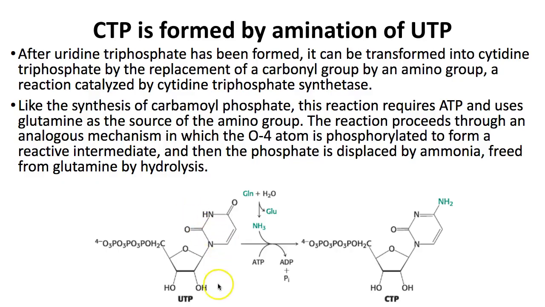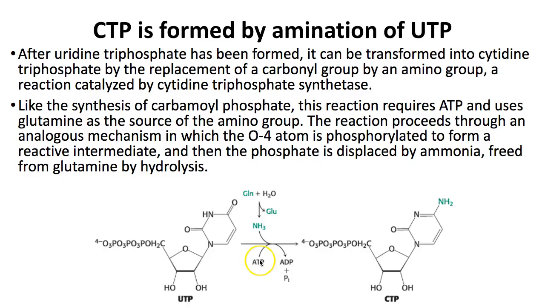And so now that you have UTP, how does it convert over to CTP for RNA? So you use glutamine, and it goes through hydrolysis, and then you have your free ammonia that is available, and that attaches to that pyrimidine base, as you can see right here.